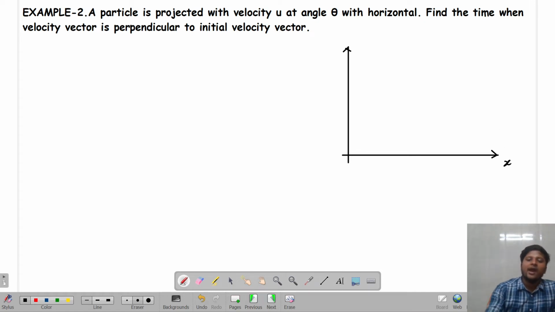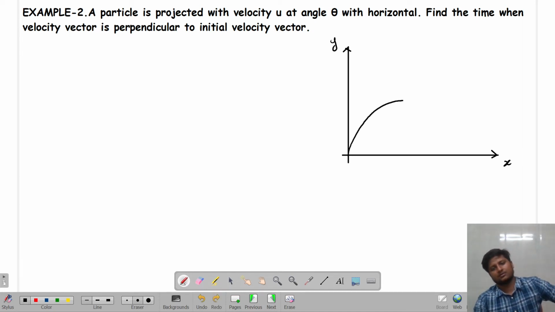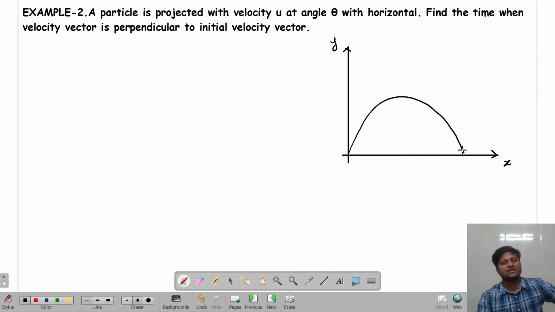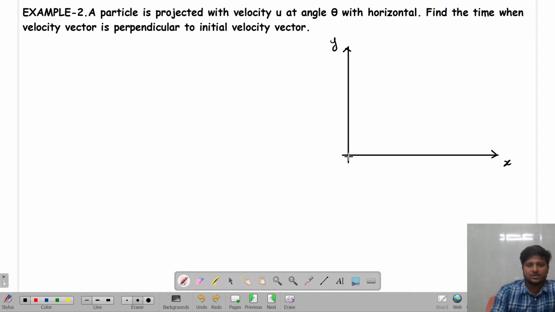This is X, this is Y. I'm feeling so sleepy. The projectile is not nice. Solve this question, solve this. Think about this question. It's not that simple a question. You can solve easily. Okay. This is a good projectile.